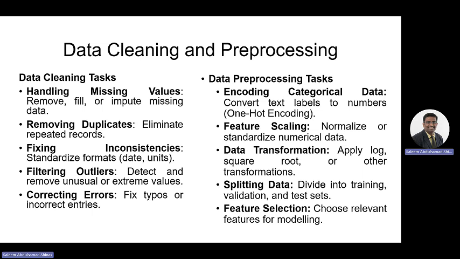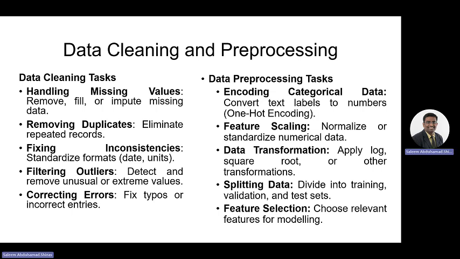When you collect data from different sources, the units, dates or money values definitely have different measures or units. So you have to convert them into one format or one unit so that your processing can be better. That is fixing inconsistency.